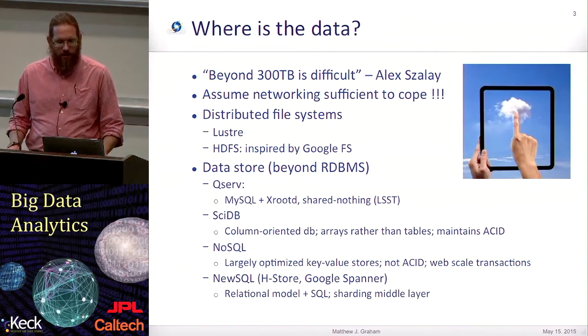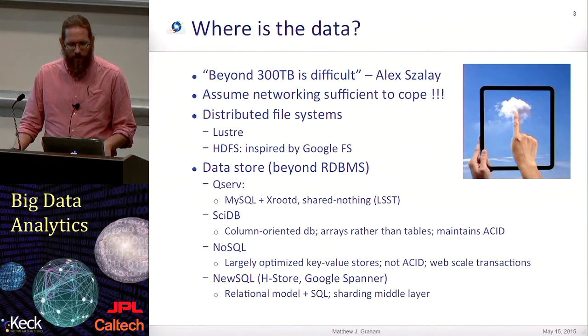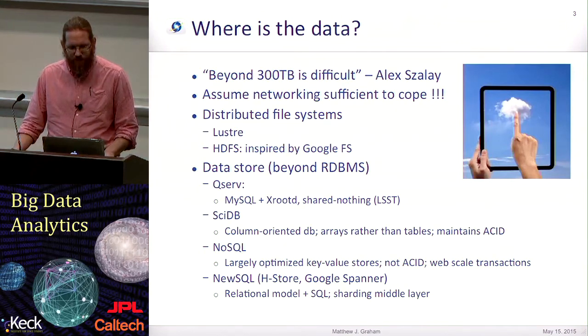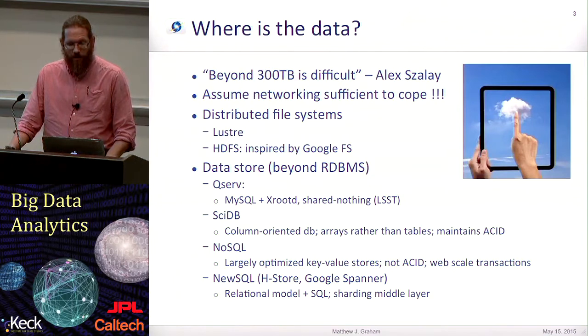As we've said, a relational database is probably not good if you're working with petascale data, though there are some solutions to that. Qserv is a piece of software which sits over MySQL instances and federates those, and uses XRootD, which comes from the particle physics world, to do some of the resource management.